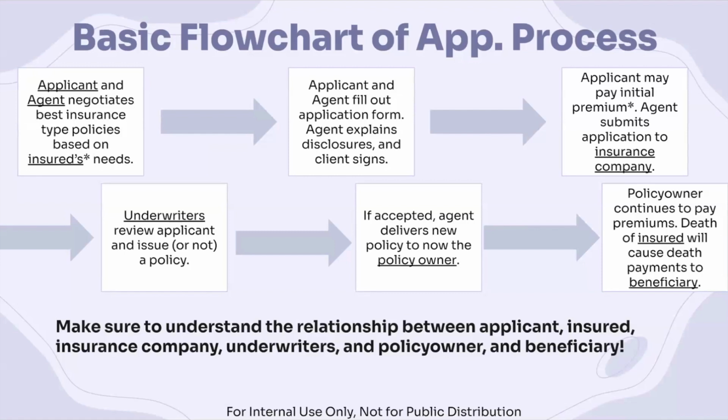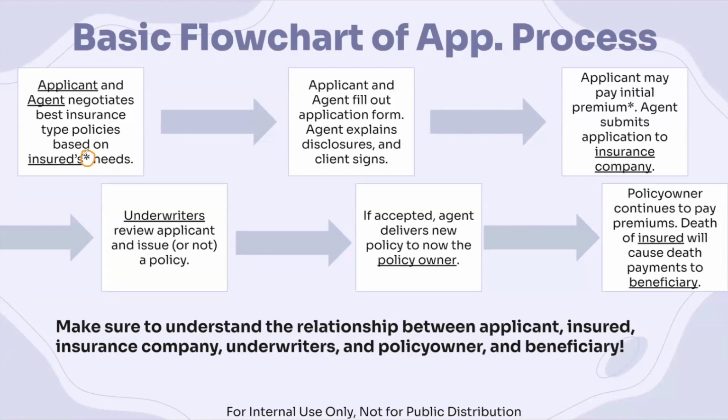So first, the agent, you, the future agent, you're going to negotiate with your potential clients on the best insurance policy based on their needs. Now you see that I put a star by that, because the applicant might not be the insured.